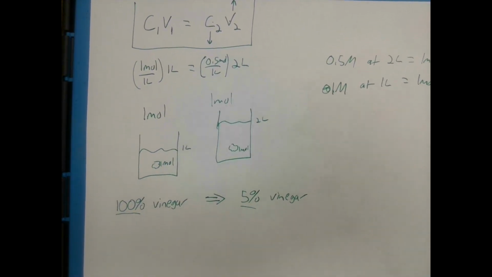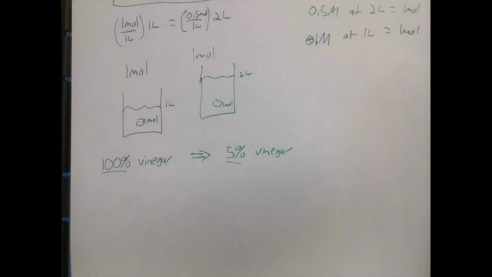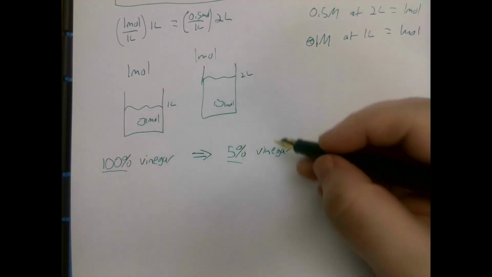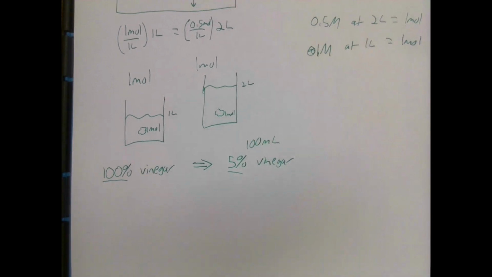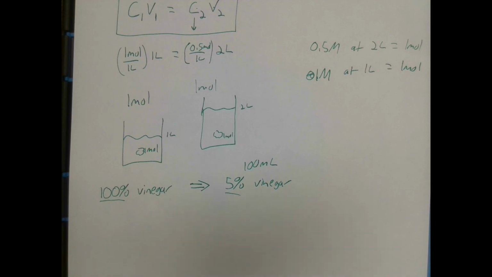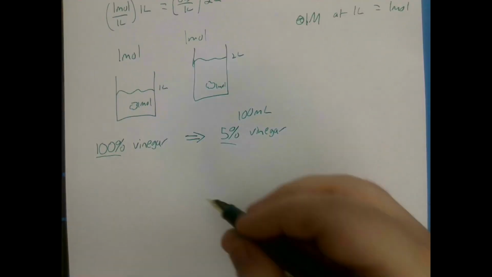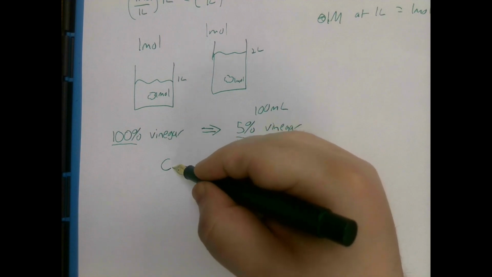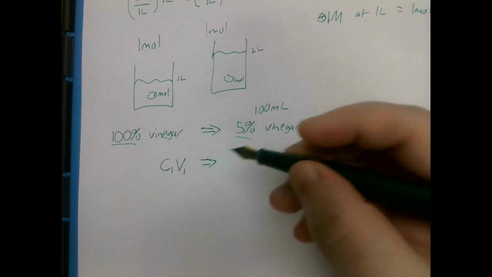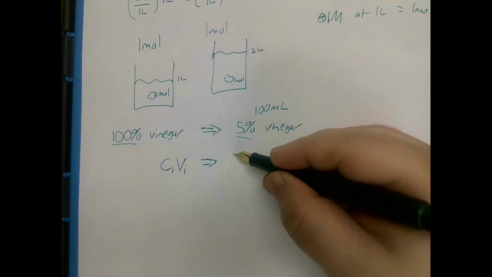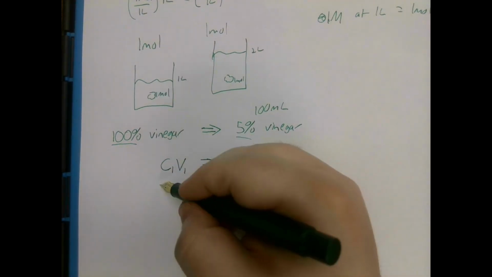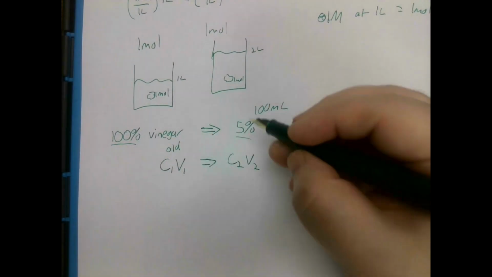So let's say I want 100 milliliters of 5% vinegar. My recipe calls for 100 milliliters of 5% vinegar for some reason. So the original concentration times the original volume is going to be equal to the new concentration times the new volume. So this is the old concentration versus the new.